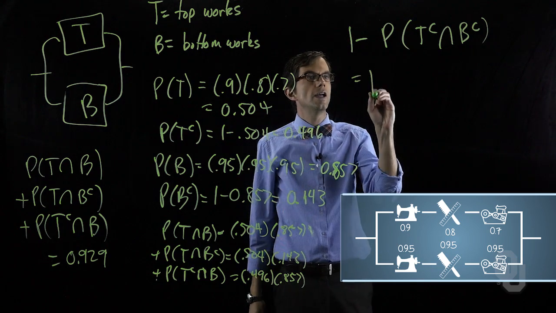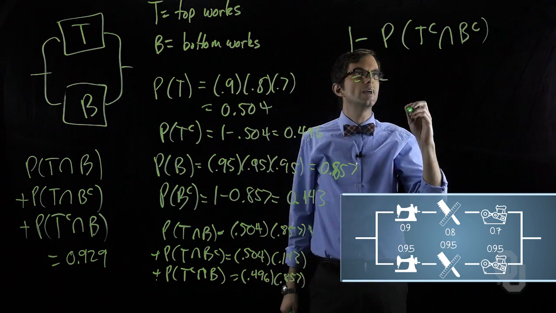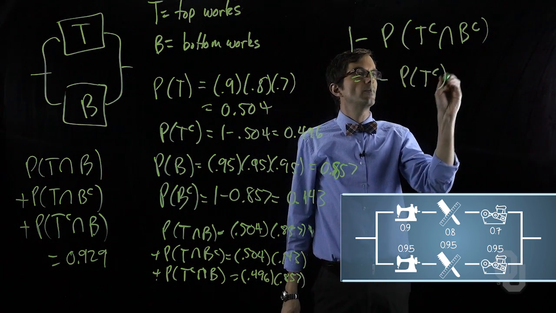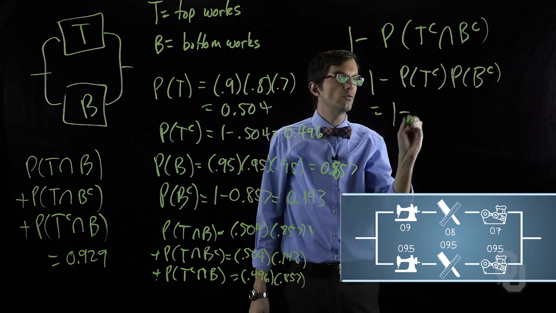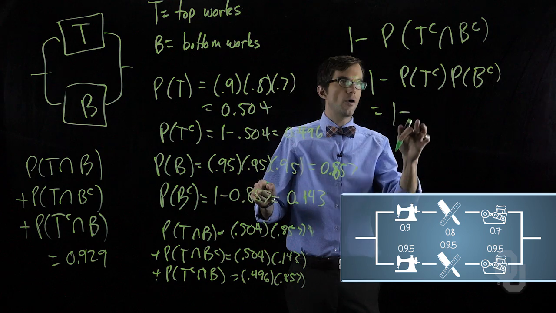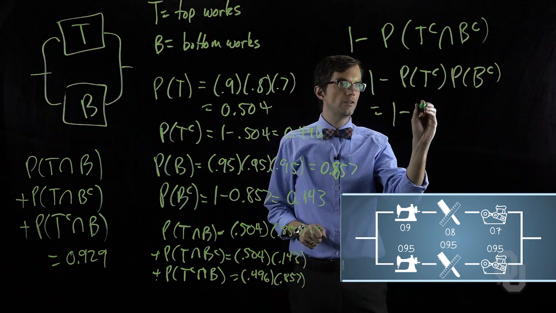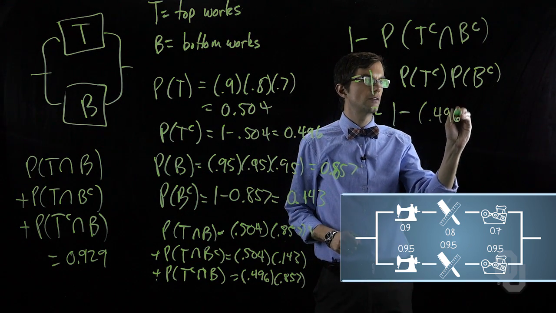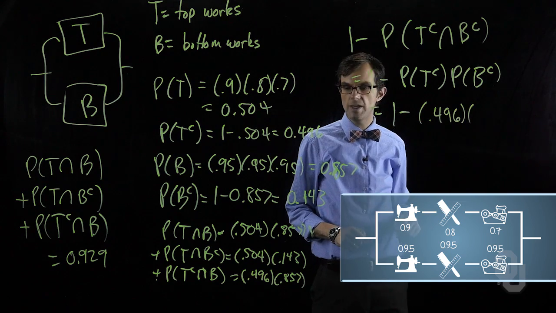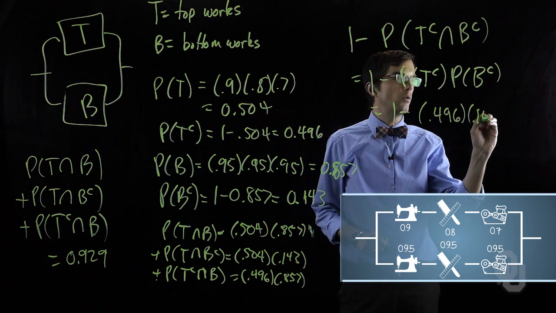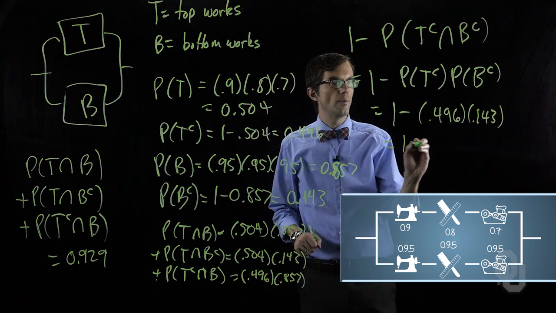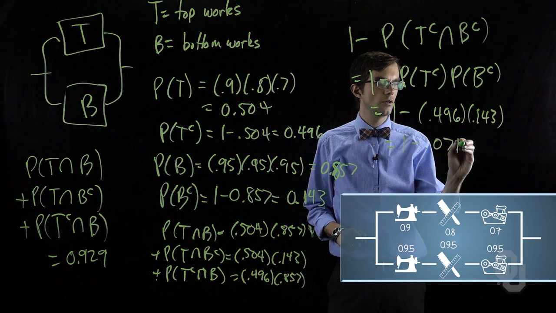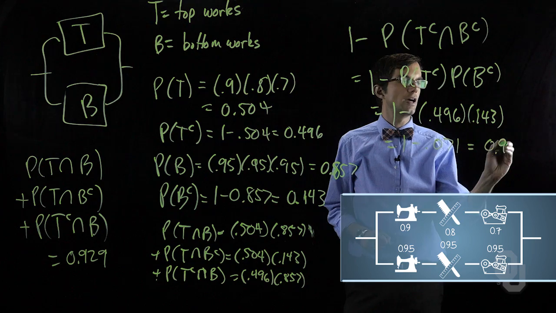That's equal to 1 minus the probability of T complement times the probability of B complement, which is 1 minus 0.496 times 0.143. If we do that, we should get 1 minus 0.071, which is equal to 0.929.